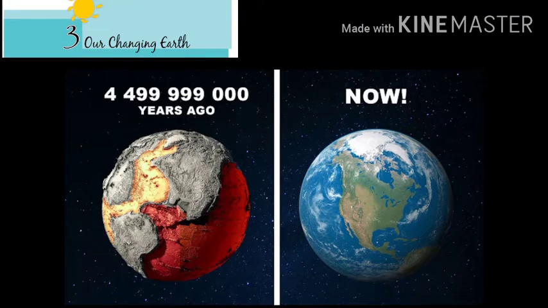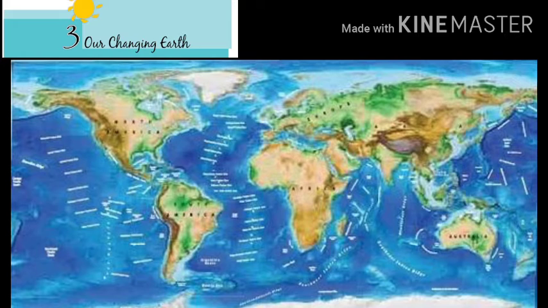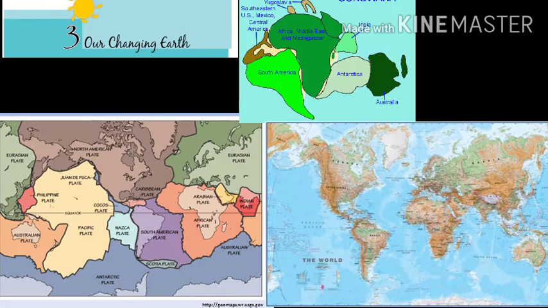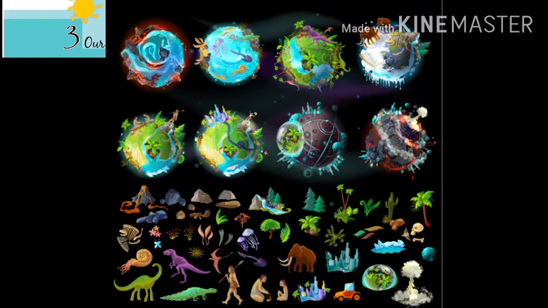Students, you have read that the earth was formed millions of years ago. But according to geologists, the world map at that time was completely different from its present form, as you can see in this picture. Various external and internal pressures have gradually changed the form of the Earth's crust.